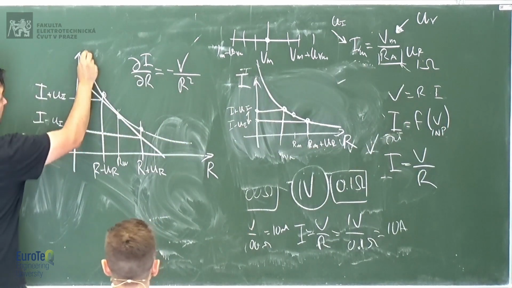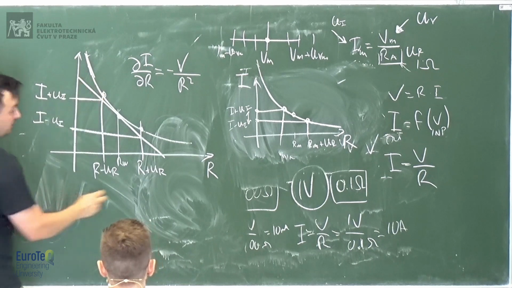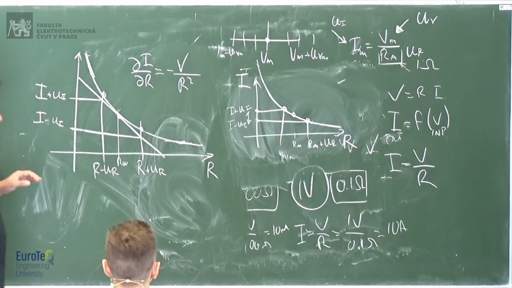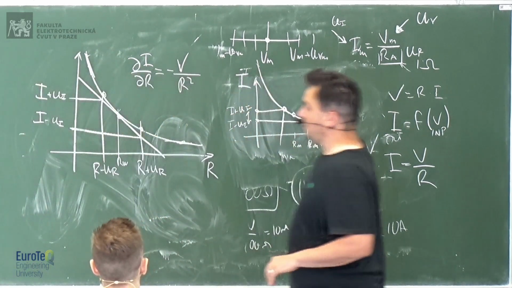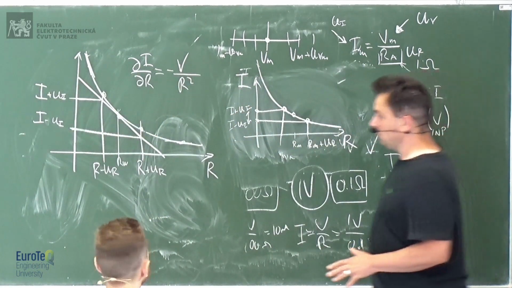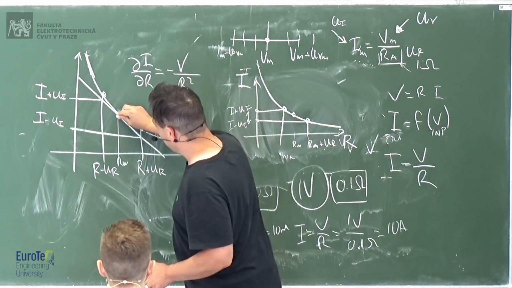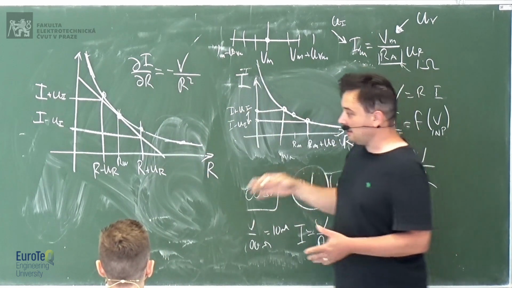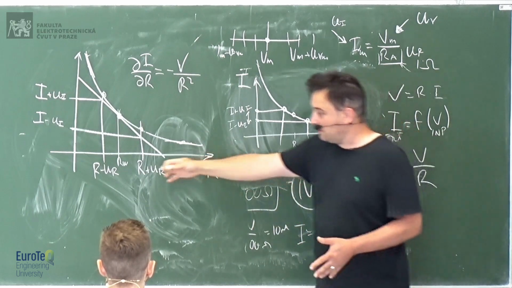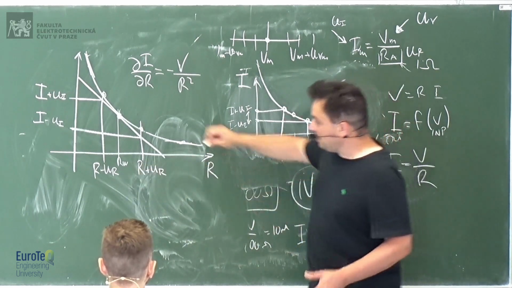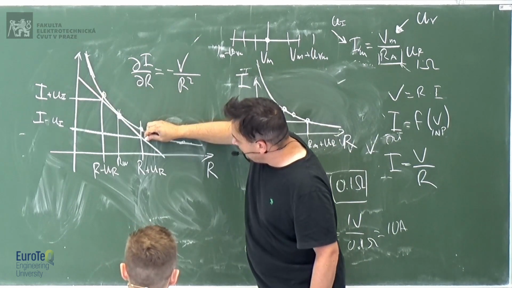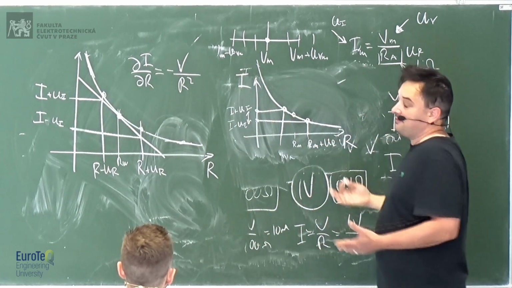So now it depends on R, which is obvious because, again, the derivative is the slope. So here the slope will be this steep. Here the slope will be not very steep, okay? Correct? So now we want the slope in this point where we are measuring the current, according to the value of the resistance. So we take the slope in this point, and then we linearize this function.